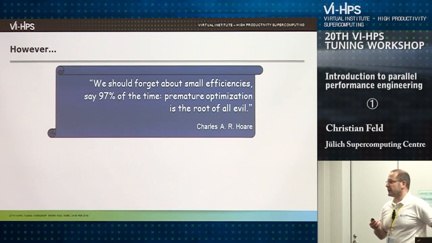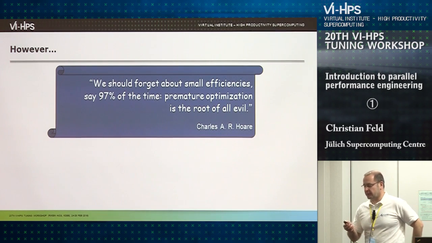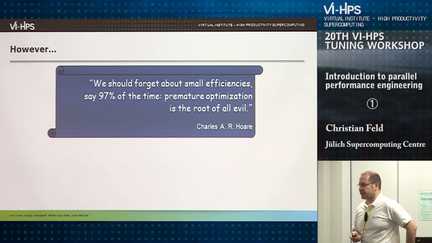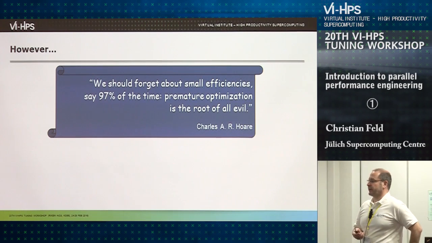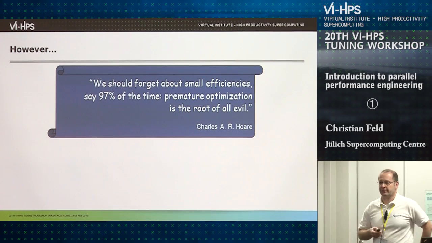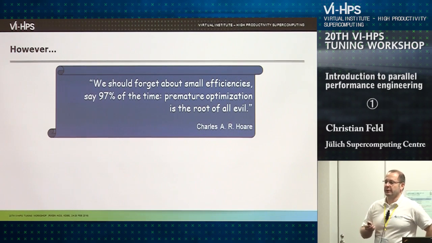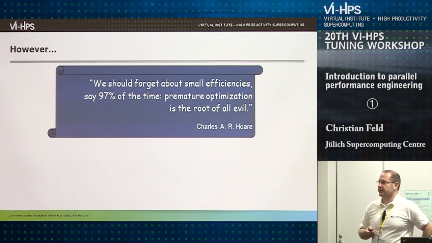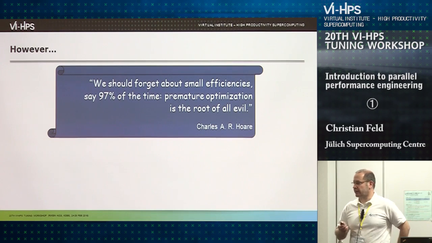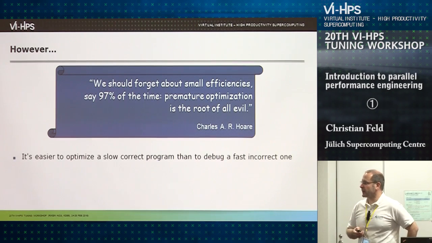So this basically means that you should only look at the real bottlenecks. For example, if you have a loop over 10 iterations, usually it does not make so much sense to use OpenMP parallelization if the loop body is just some addition or something like this.